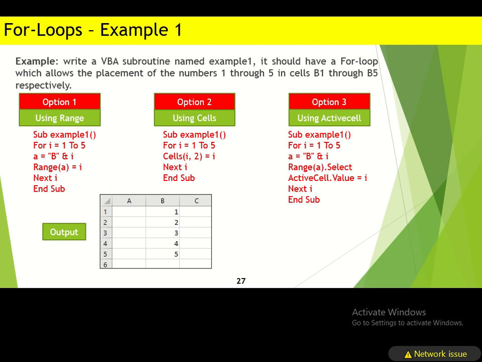First time it will have the number 1, second time 2, and so on. Got it? First of all I define a variable A. In variable A I am storing the cell number, in which cell I want the value, and then I go to the next statement. The next statement is Range, whatever. Got it?